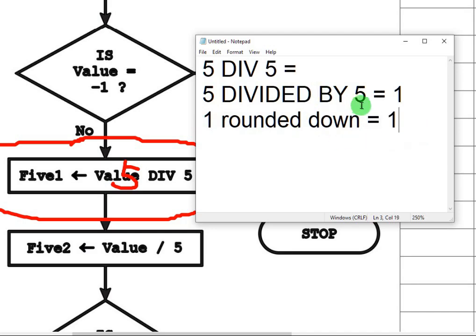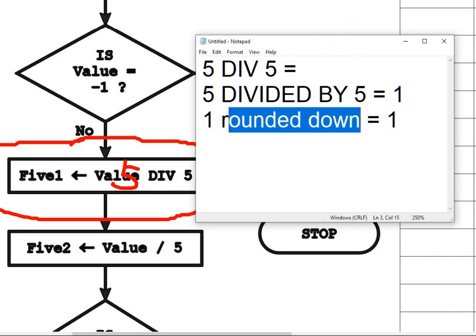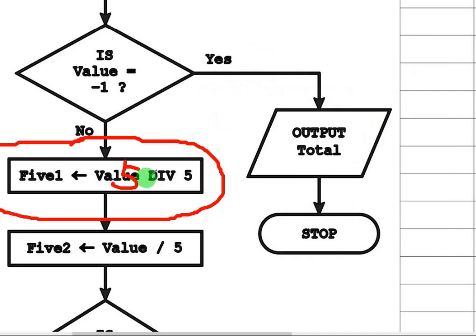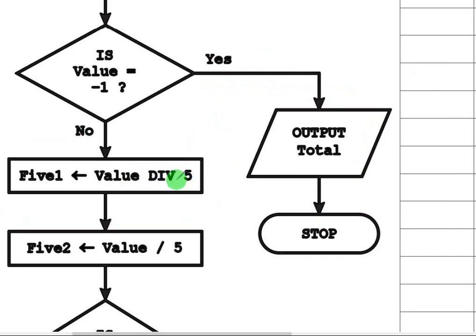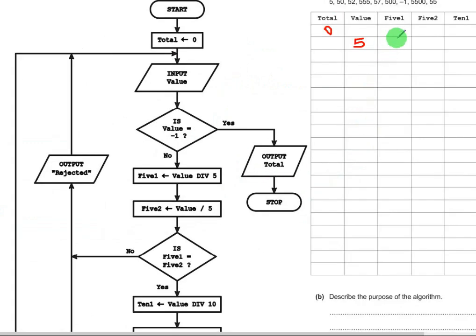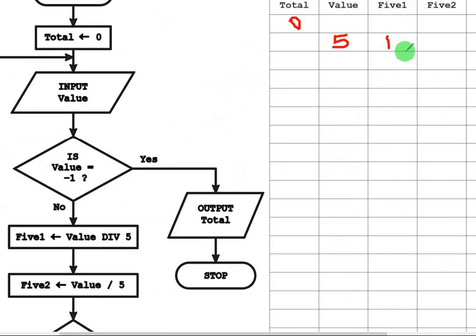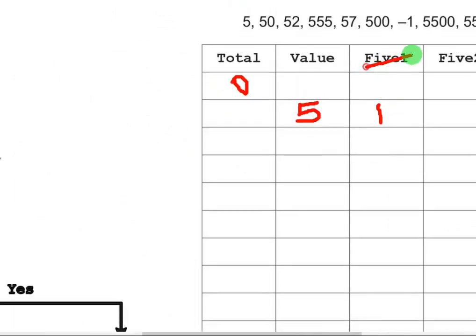So this is what div is: after you divide, you round it down. So the answer for 5 div 5 is 1. As you can see here, 5 div 1 is 1.